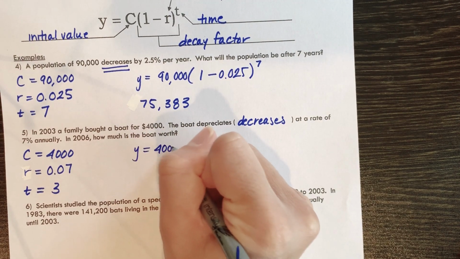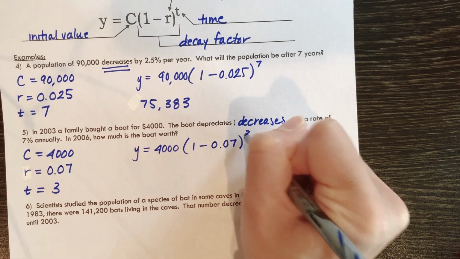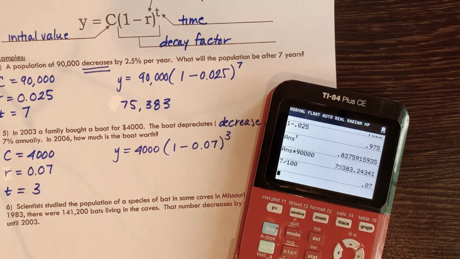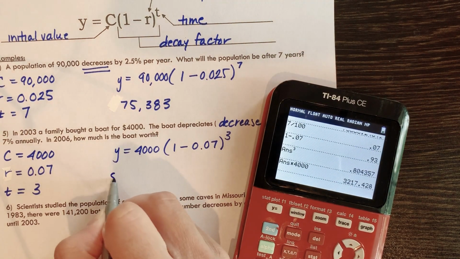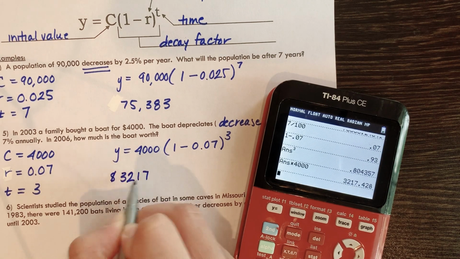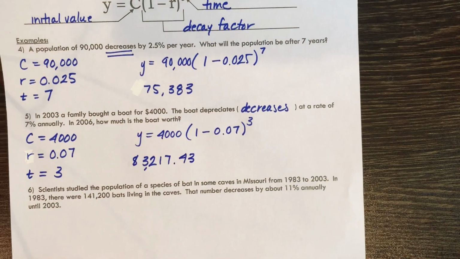My initial value is 4,000. 1 minus my rate. This is decay, depreciate. Do your 1 minus first. Raise it to the power. Multiply it by your initial value. That's your PEMDAS in action. Should my number go down? Yes. Should I be rounding to the hundredths place? Yes, it's money. So in 3 years, the boat is now only worth about $3,200.